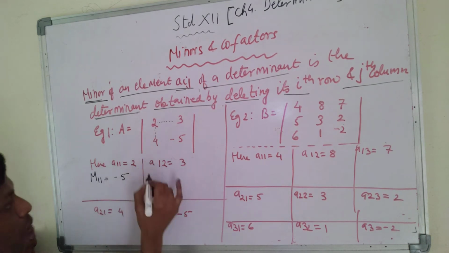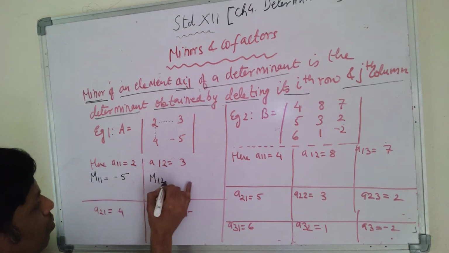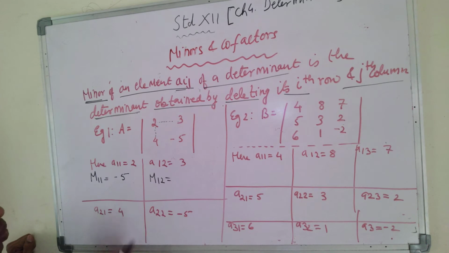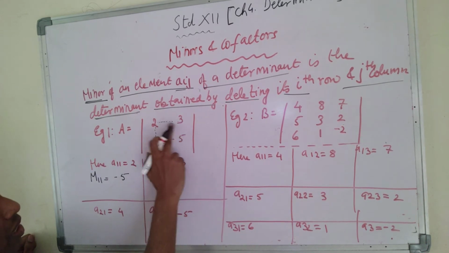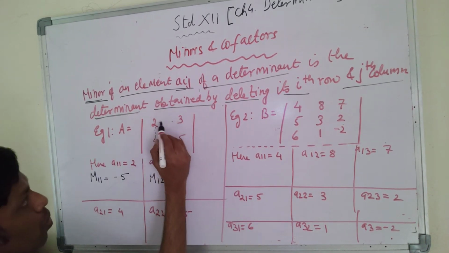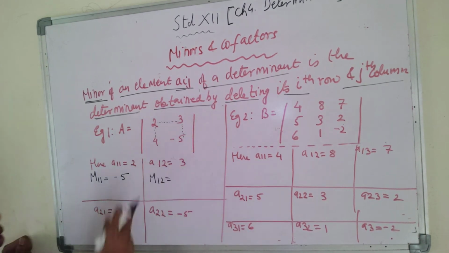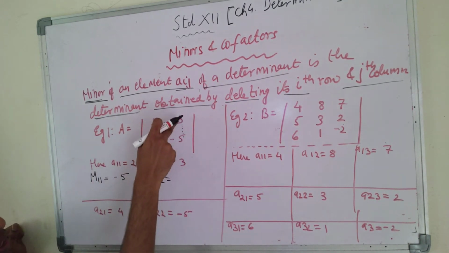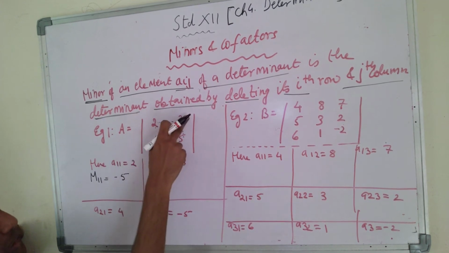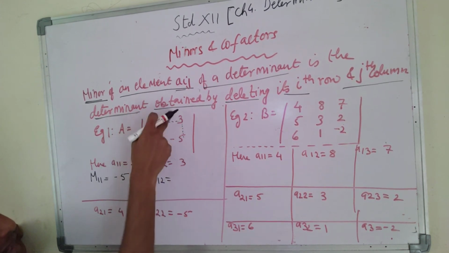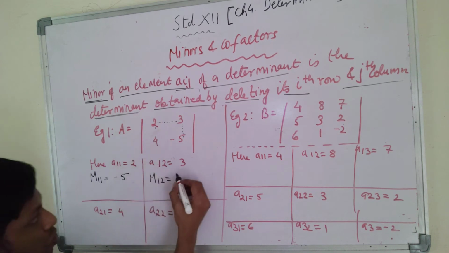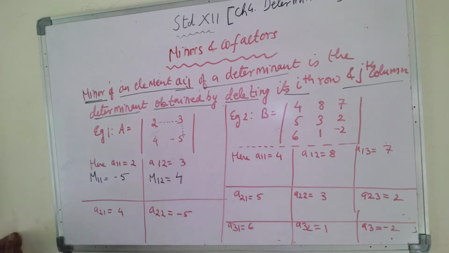Similarly, to find M12, where is 3 positioned? It is positioned here. So you hide that row and that column. What are you left with? 4. So that is the minor of the element A12.